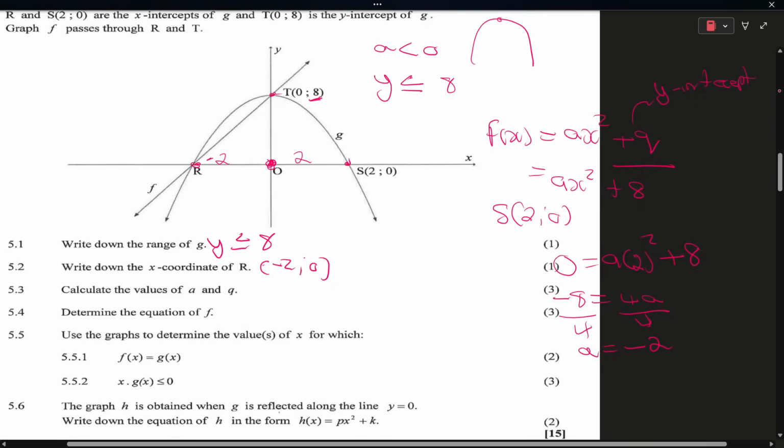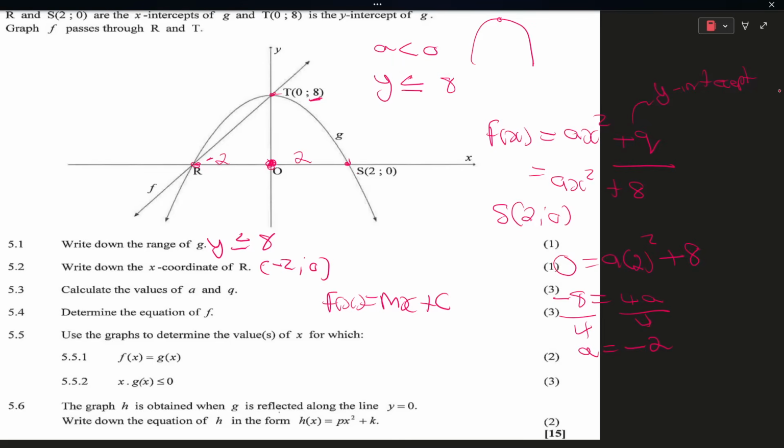Okay, so now let's move to the next question. The next question says, determine the equation of f at x. I'm given that f at x is equal to mx plus c. So here, what I'm having is simple.